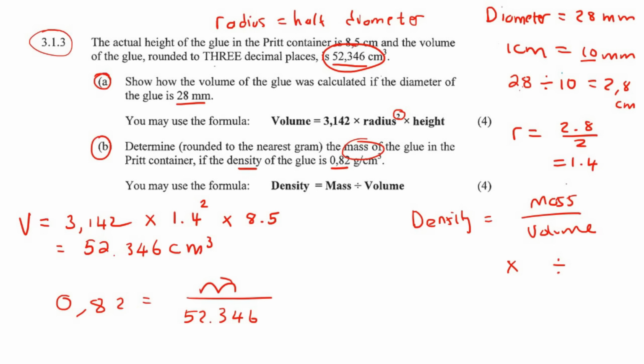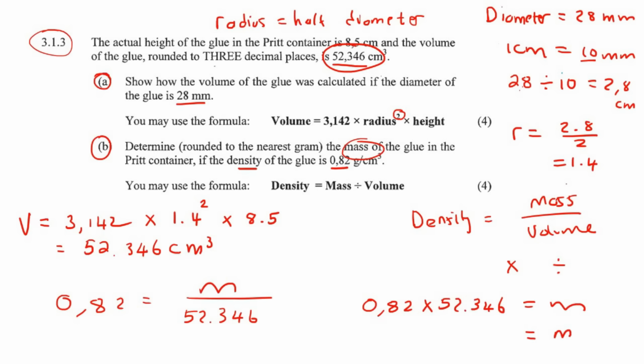Now, what are these 2 things doing over here right now? Are they multiplying or are they dividing? Well, this line over here tells us that they are dividing. So what is the opposite of divide? It's multiply. So when you take this to the other side, it becomes a multiply and not a divide. It's going to end up becoming 0.82 multiplied by 52.346 equals m.